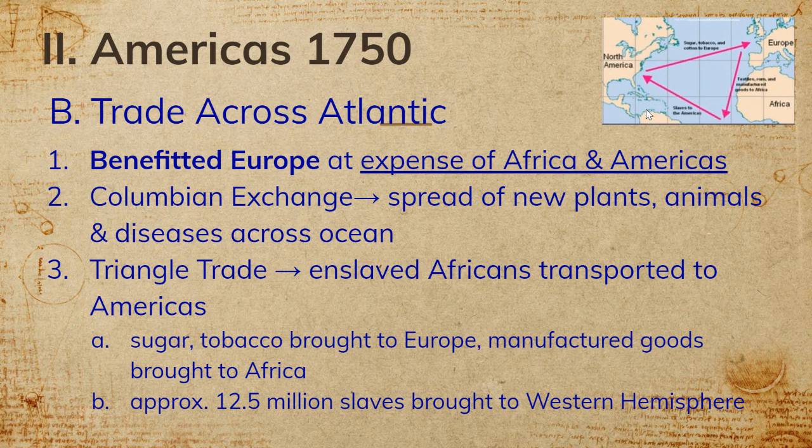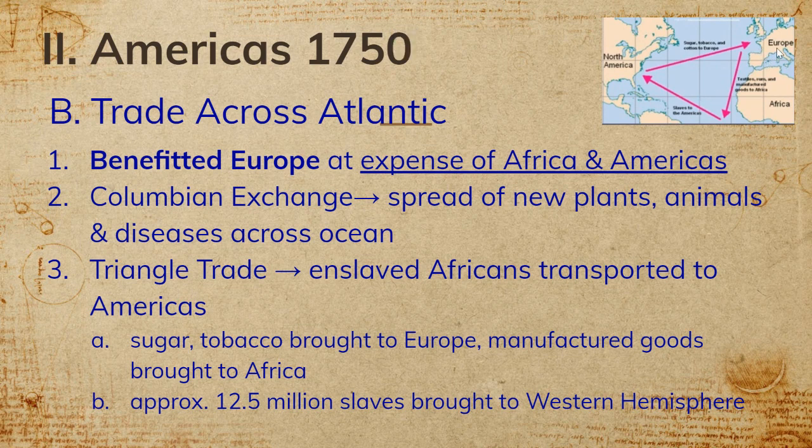There's two explicit types of trade that occurs. The first is the Columbian Exchange, named after Christopher Columbus, who we know is so problematic, as we've all learned about. The Columbian Exchange is the first, and that's really between Europe, what we call the Old World, and the Americas, the New World, problematic terms. But this spreads a lot of new plants, animals, and diseases across the ocean.